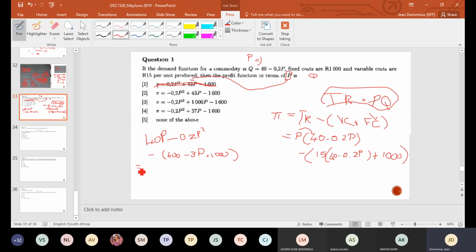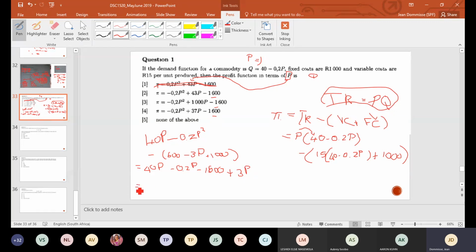So then it is 40p minus 0.2p. 600 plus 1000 is 1600. A minus in front, so it's minus 1600. All three of them is still, and then it becomes plus 3p.